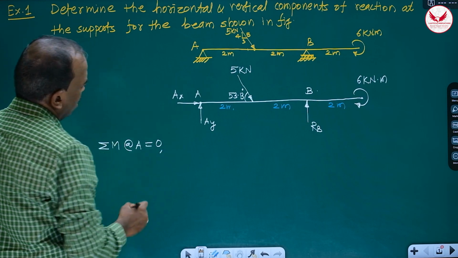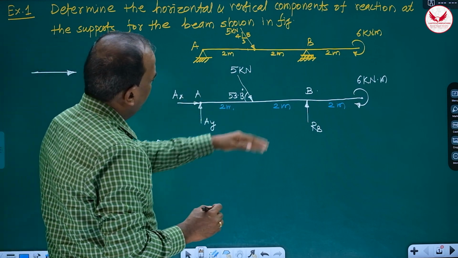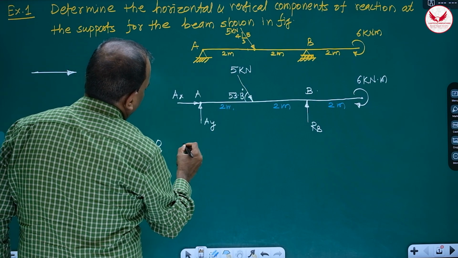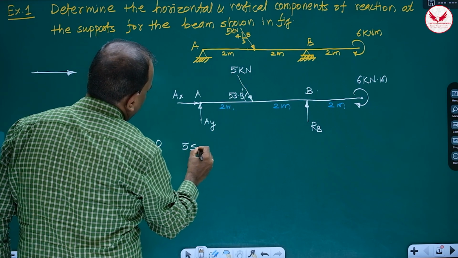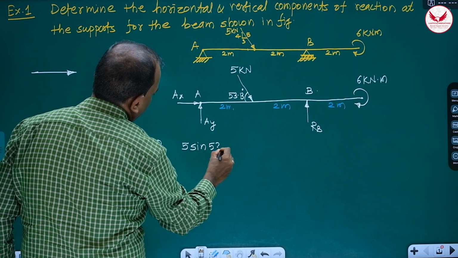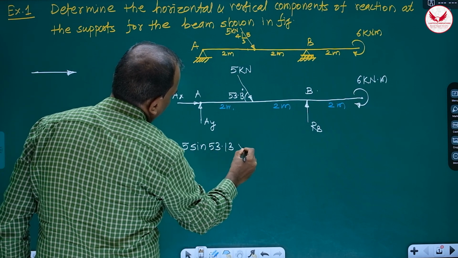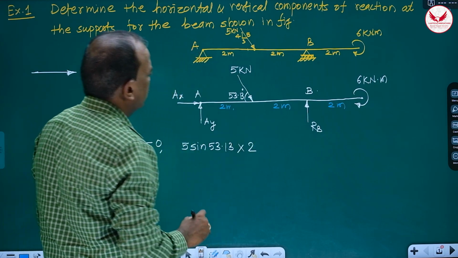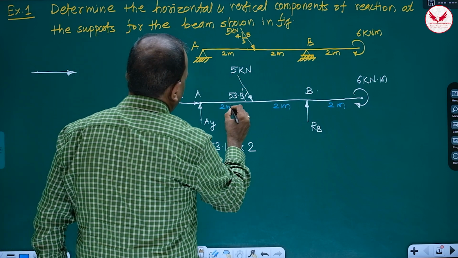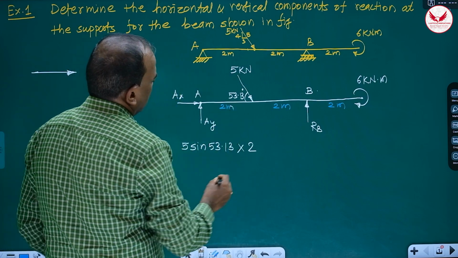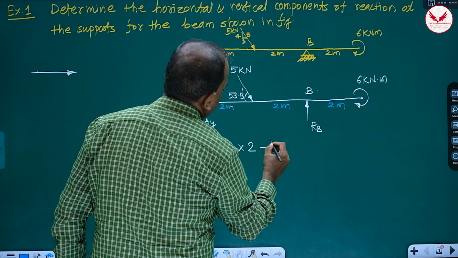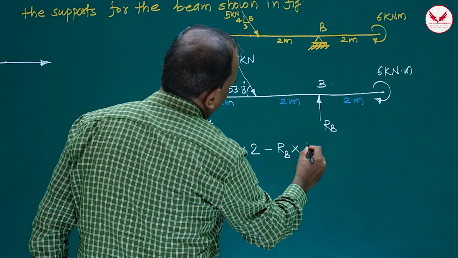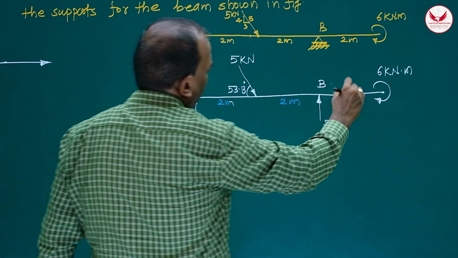See, the moment of 5 kilonewton about A is going to be clockwise, and it will be 5 sine 53.13 into 2 meters, minus RB into 4 meter. And this is the clockwise moment.